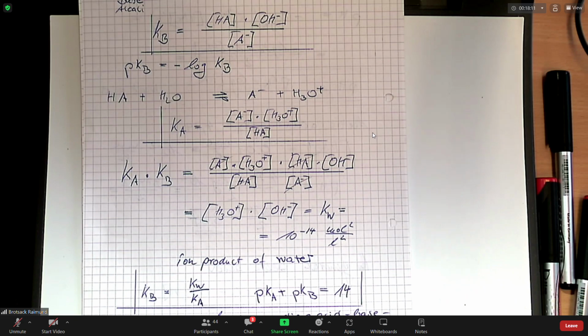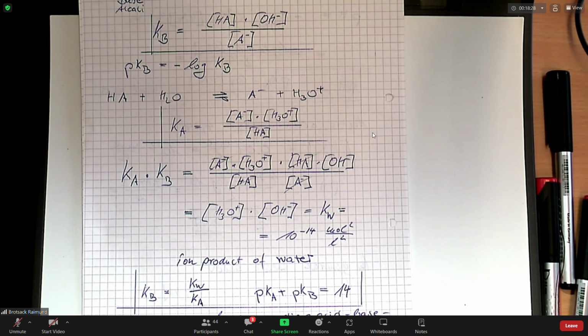We have some examples. For example, we always build a salt when we have an acid and an alkali reacting.